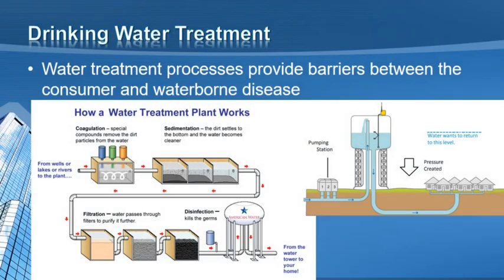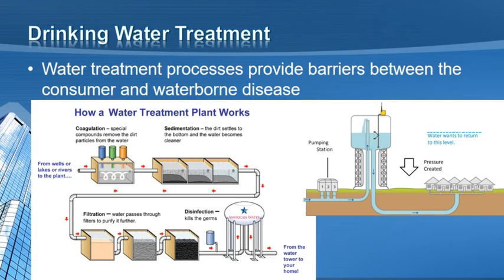Okay, so when we treat drinking water, there's a real big difference between the output end of drinking water treatment and wastewater treatment. Drinking water treatment has to meet the Safe Drinking Water Act requirements. It has to be completely clean. For wastewater discharge, release back into the ecosystem, it does not have to be as clean as drinking water does.